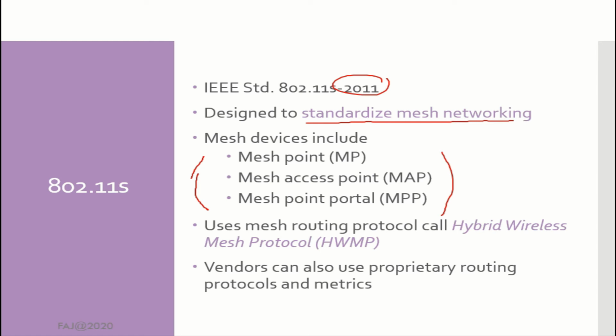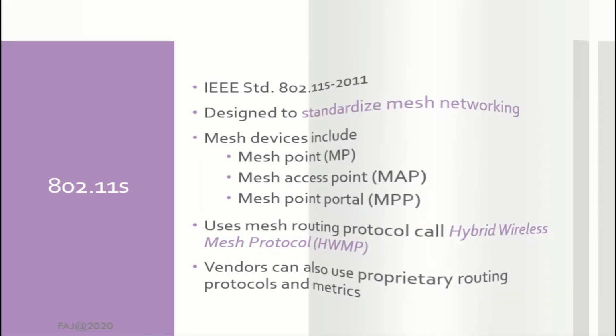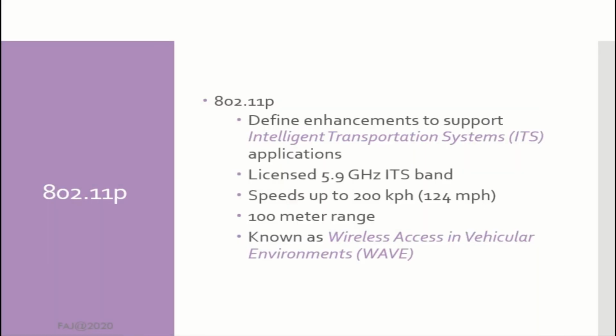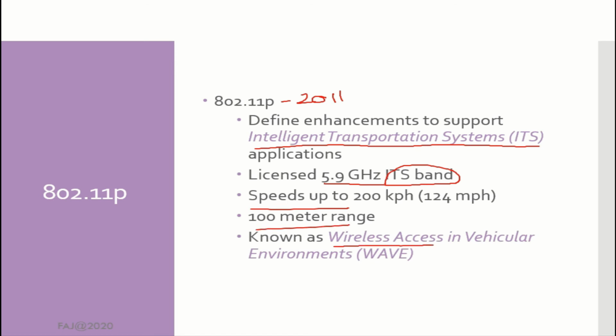It uses a mesh routing protocol called hybrid wireless mesh protocol. And the last one, 802.11p, also 2011. It defines enhancements to support Intelligent Transportation Systems ITS, licensed for the 5.9 GHz ITS band. This is the speed, the range, and it is known as wireless access in vehicular environments, WAVE.